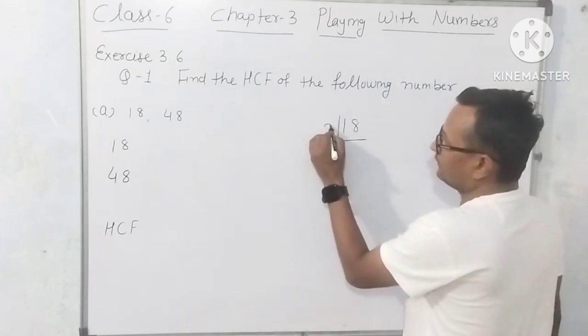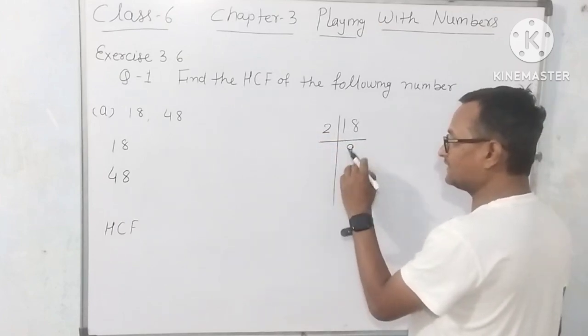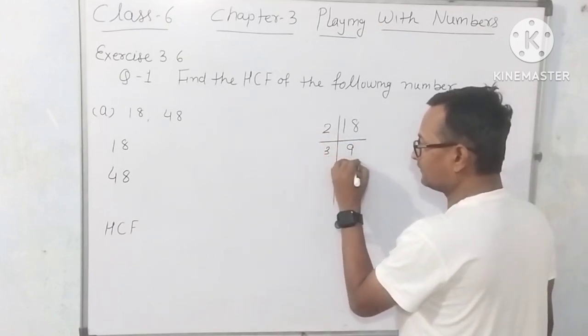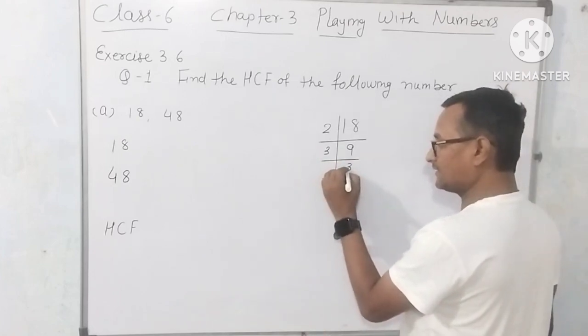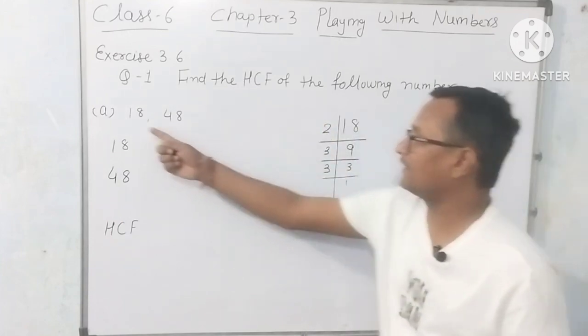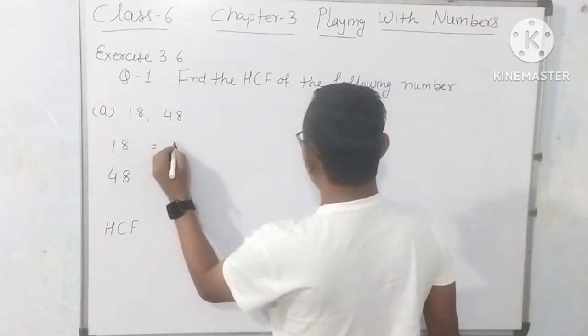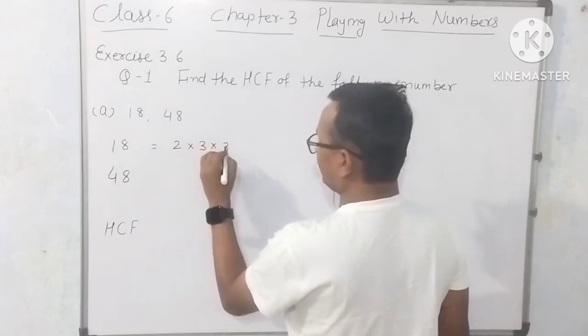So 2 9s are 18. Now 9 is divisible by 3. 3 3s are 9, and again 3 is divisible by 3. So the prime factorization of 18 is 2 into 3 into 3.